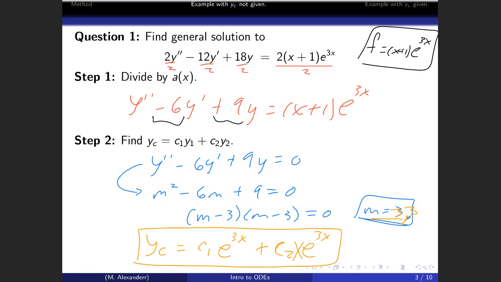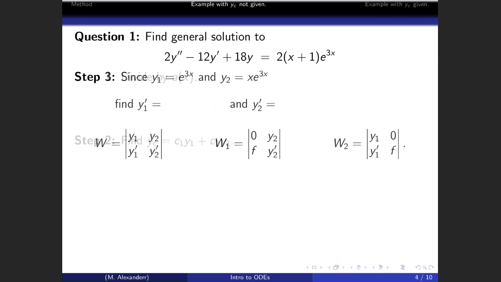All right, so we found the complementary solution now. All right, so that's step 2. All right, so this basically is a review of what we have done already. Now we're gonna get to step 3. So now that we have the complementary solution, we also got the y1 function and the y2 function separately, okay? So in order to calculate the W information, we had to find the derivative of the y1 and the y2.